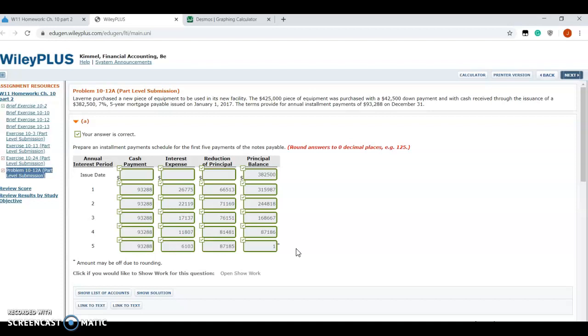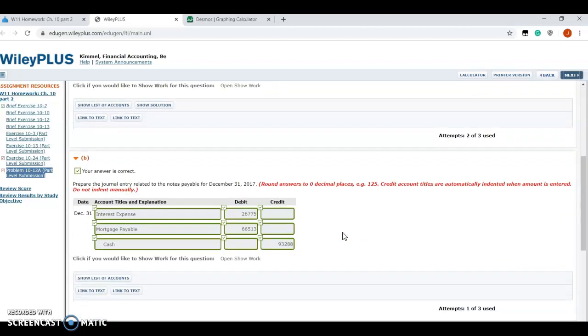And so while technically the balance at the end of 5 years should be 0, due to our rounding with the question, we are left with $1 left to quote-unquote pay, even though it has been paid. So don't be afraid to put $1 or whatever amount it is when you subtract your final principal balance from the reduction of principal on year 5.